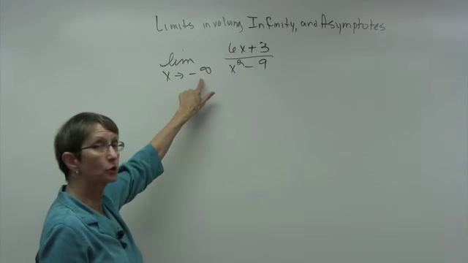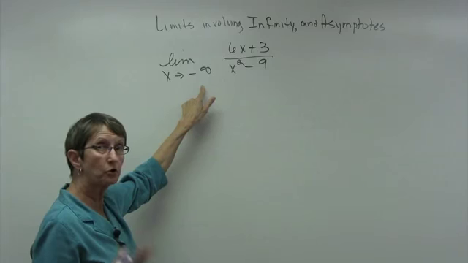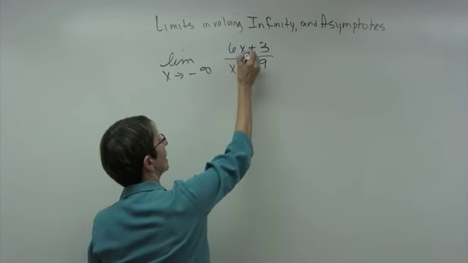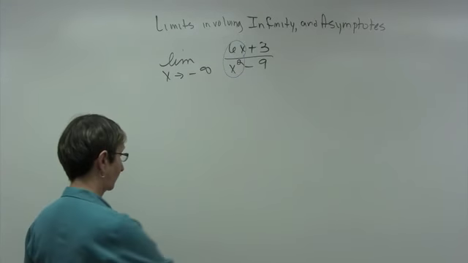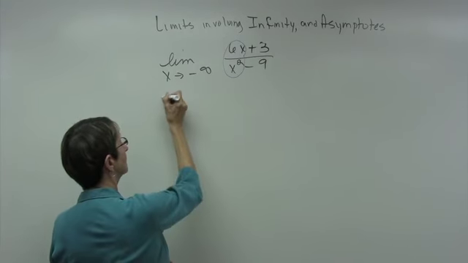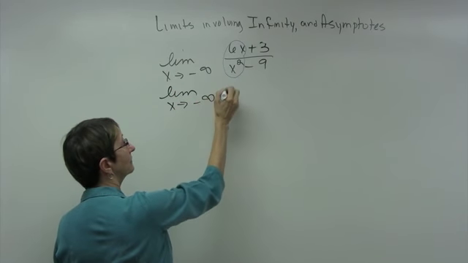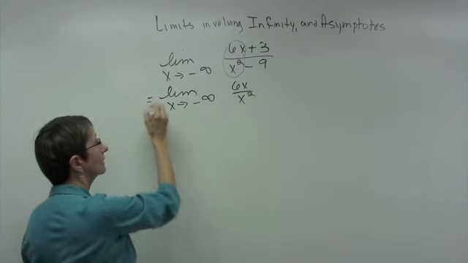Note this: dominant terms are used when x approaches plus or minus infinity, not when x is approaching a number c. My dominant terms here are the 6x over the x squared. So we look at the limit as x approaches negative infinity of 6x over x squared.